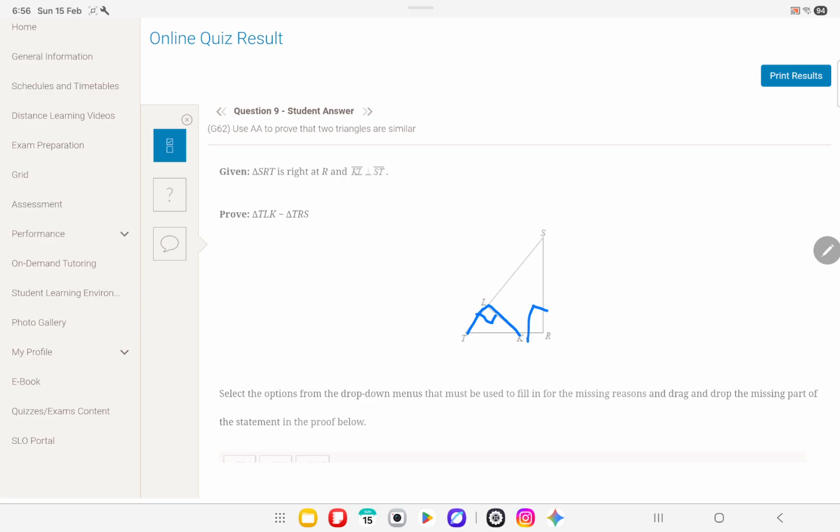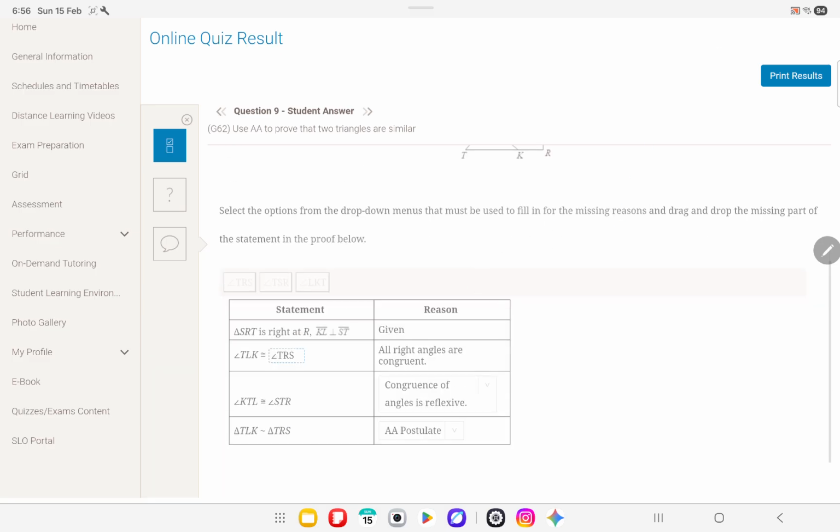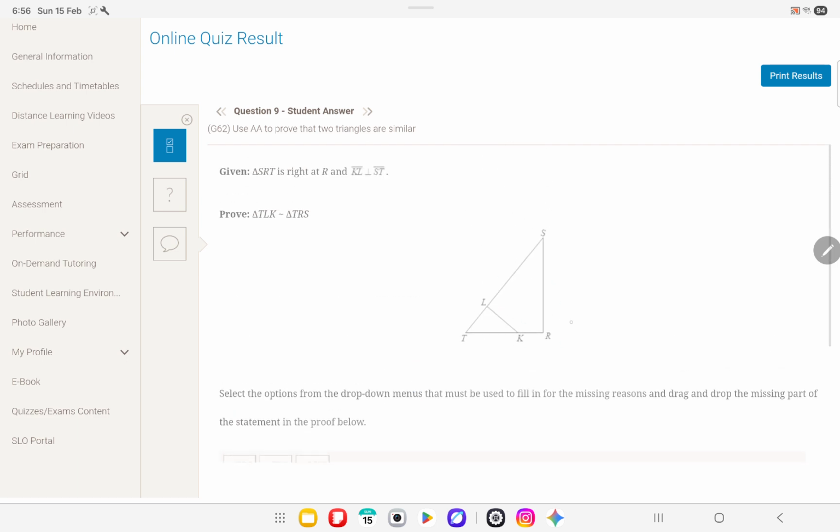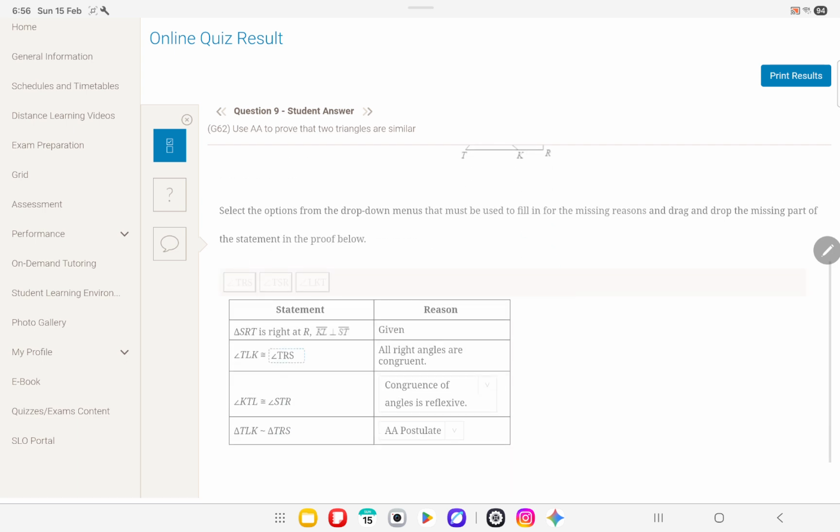R. So we can't just write R, so we write TRS, because here it forms a right angle and here it forms a right angle. So it'll be TLK is congruent to TRS.